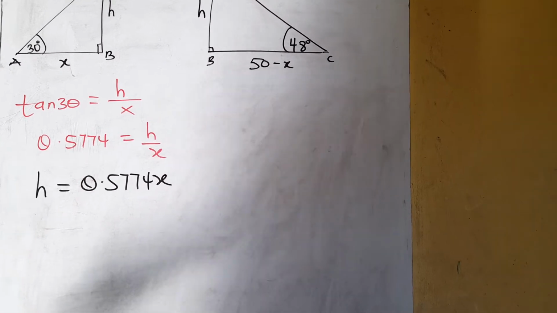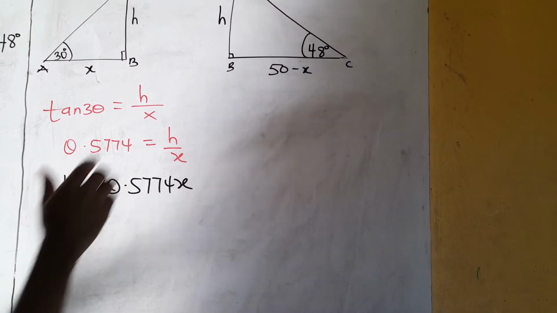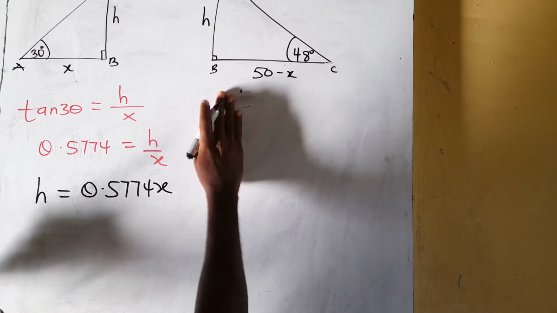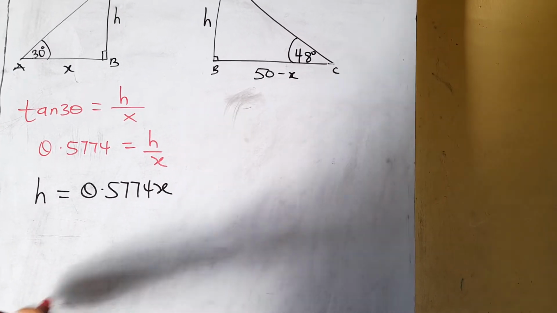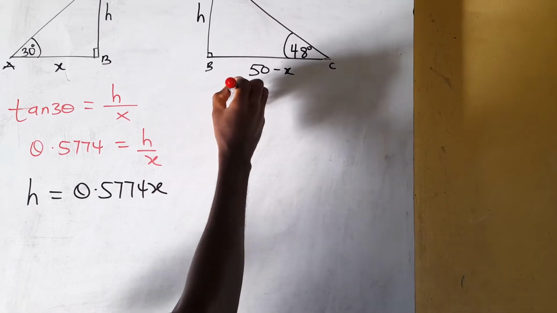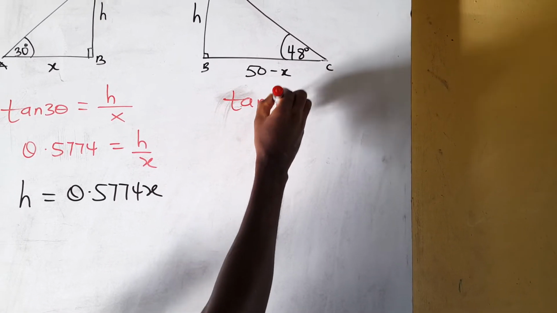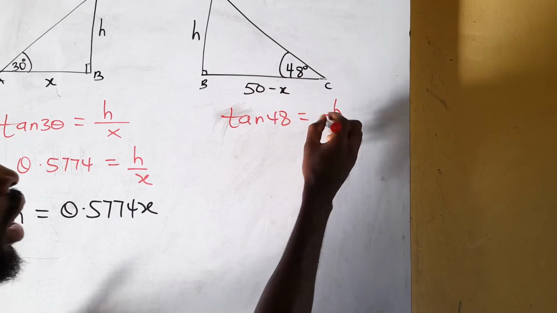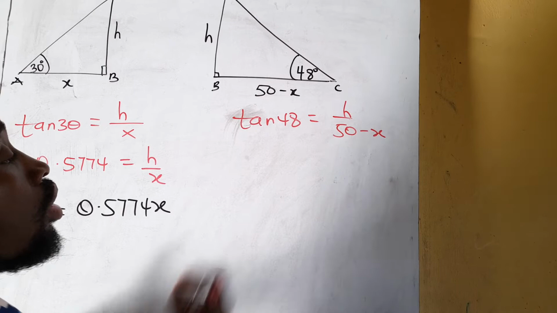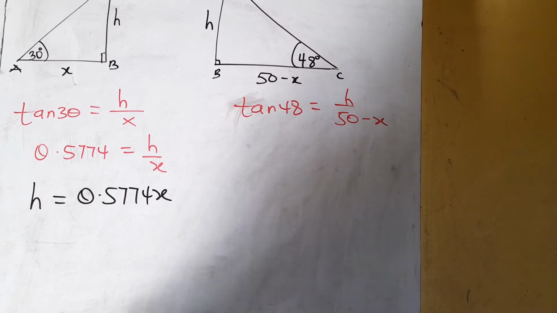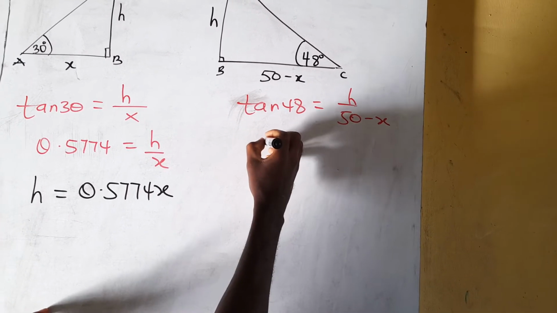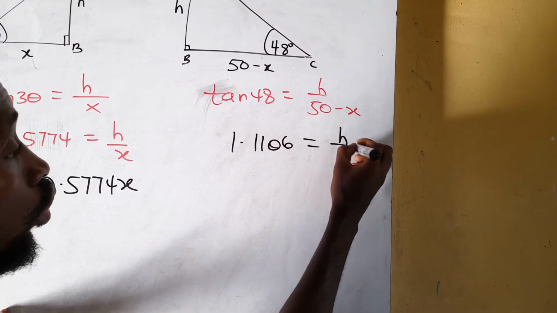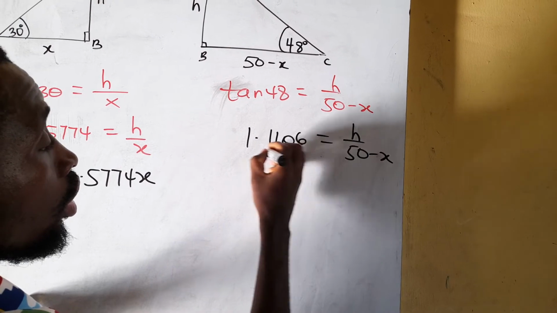From here too, we can say that our tan 48 will be equal to opposite, which is H, over my adjacent, which is 50 minus X. Tan 48 is 1.1106 and is equal to H over 50 minus X.